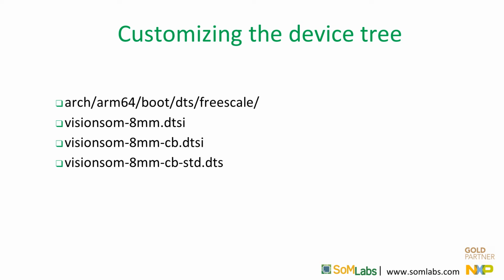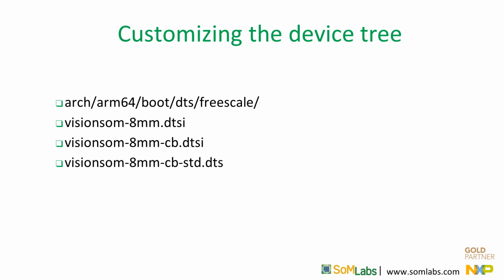The device tree files for the I.MX8M module are located within the kernel sources in the ARM64 boot DTS freescale directory. For our hardware configuration, 3 of them are required. The I.MX8M DTSI file with the module description, the I.MX8M CB DTSI file containing common definitions for the carrier boards family for this module, and finally the I.MX8M CB STD DTS file describing the board Vision CB8M STD.